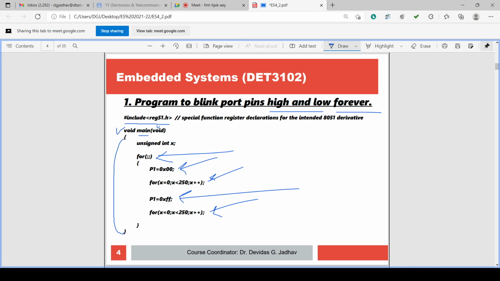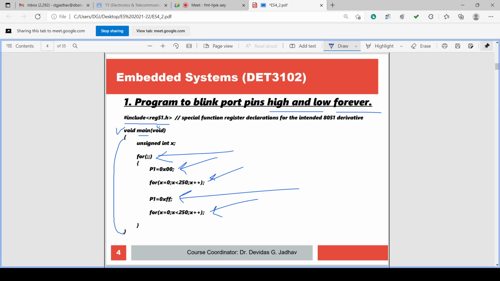We have made the port blink high and low. All 8 pins of the port are made 0, all 8 pins of the port are made 1, and there is a delay given in between these operations. Port pins are made 0, delay is given. Port pins are made high, delay is given. And this strategy is applied for all the programs.